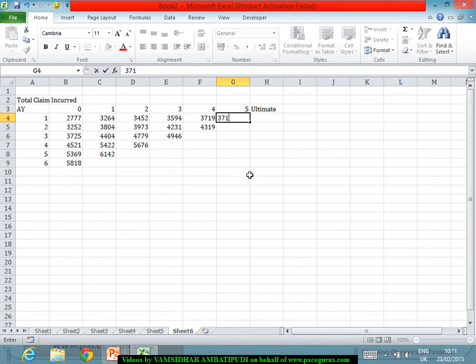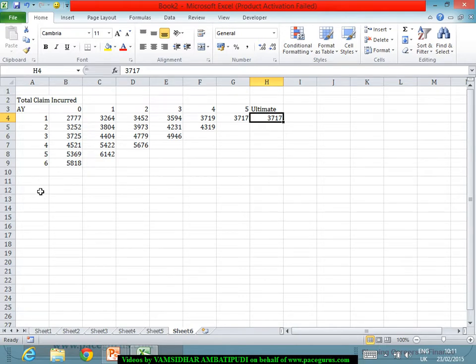All right, let's say these are the numbers, which means whatever the claims that got initiated in year 1, out of them 2.777 million of the claims have been settled in year 0. By the end of year 1, 3.264 million claims got settled. By the end of year 5, 3.717 million dollars worth of claims got settled, and this is the ultimate number also.